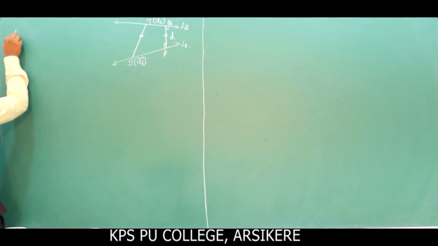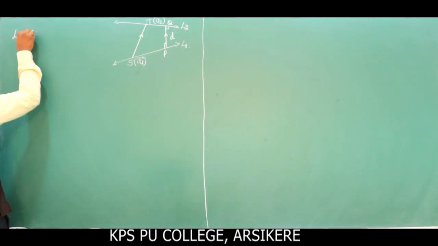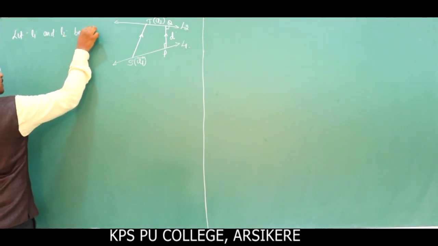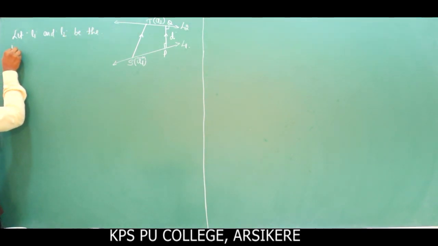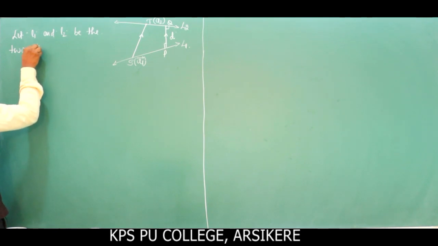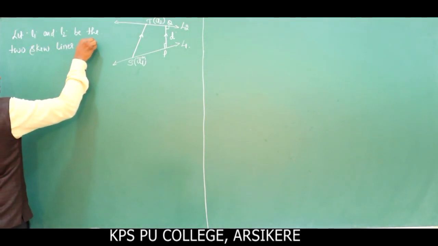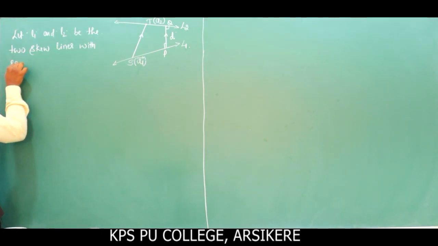Let L1 and L2 be the two skew lines with equations.